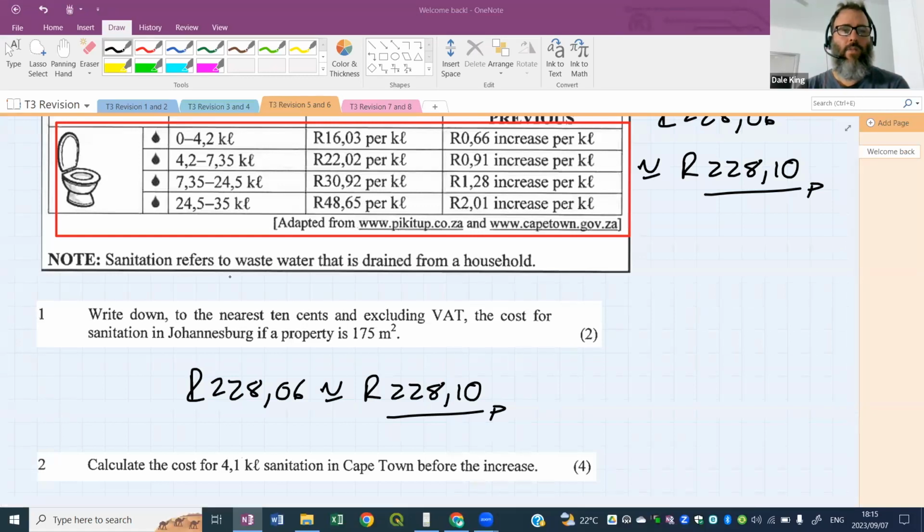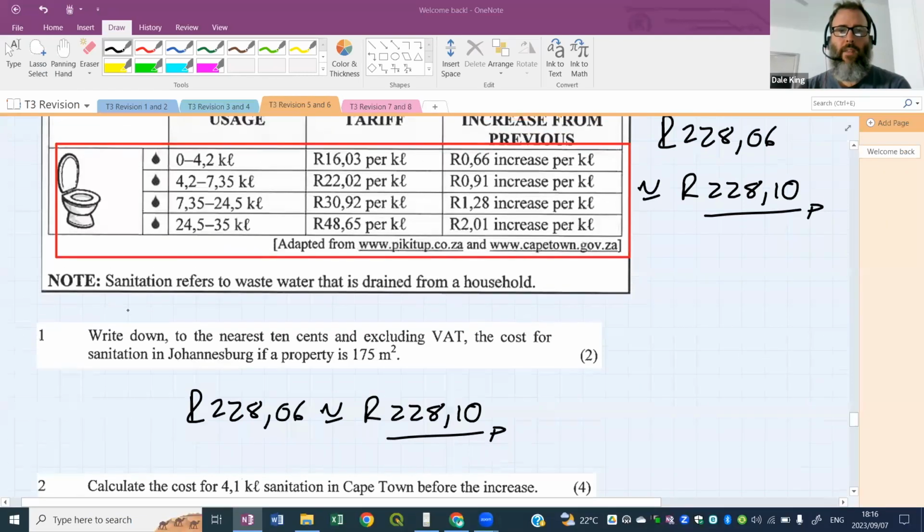How are we going to do this? Where do we start? Sir, can I try? Yeah, of course. I think we need to find the difference between 7.35 kilometers. I think we need to subtract 7.35 minus 4.2 kiloliters.